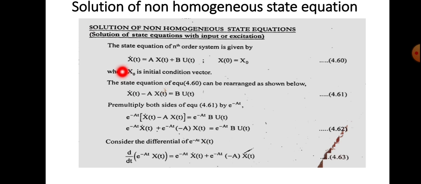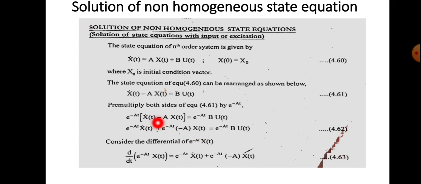So we can write here x dot of t, when you are taking this quantity here, you will get x dot of t minus a into x of t equal to b into u of t. If we multiply both sides by e raised to minus at, then you will get e raised to minus at into this term equal to e raised to minus at into b into u of t. So you can multiply the quantities inside the bracket, so you will get this equation.